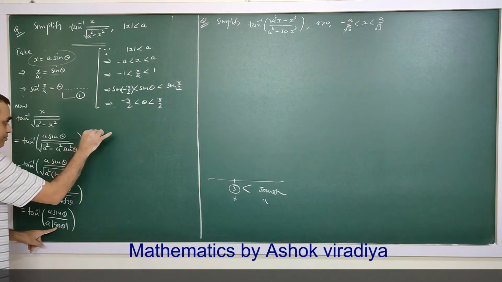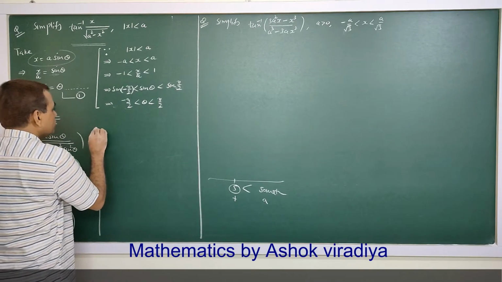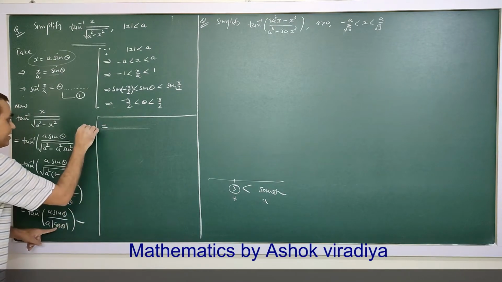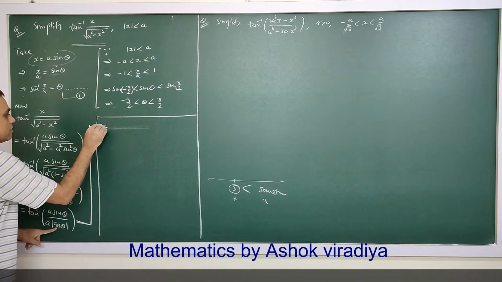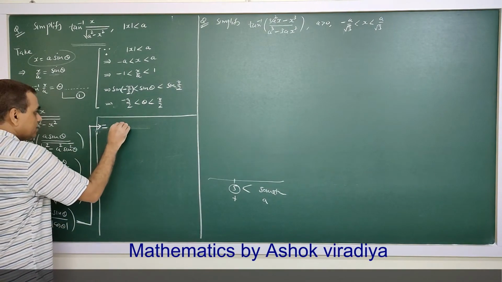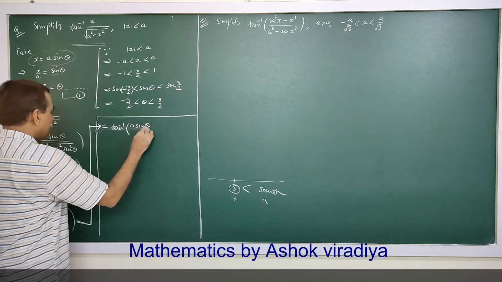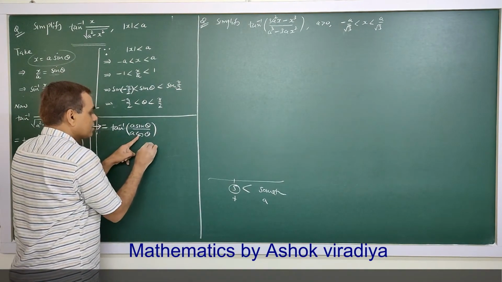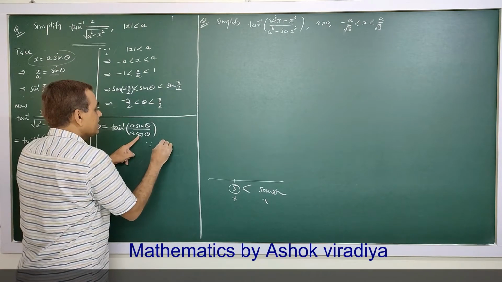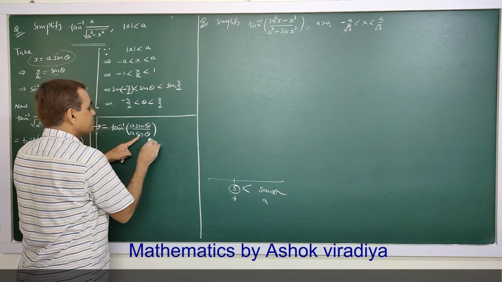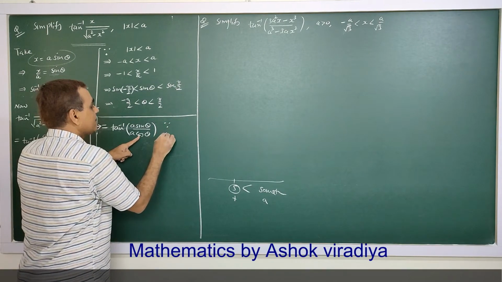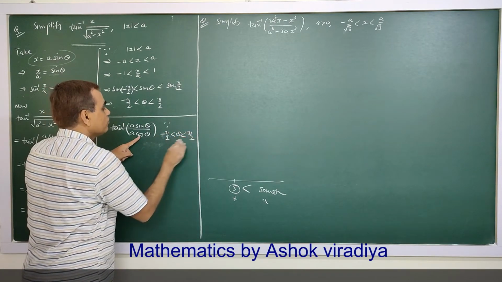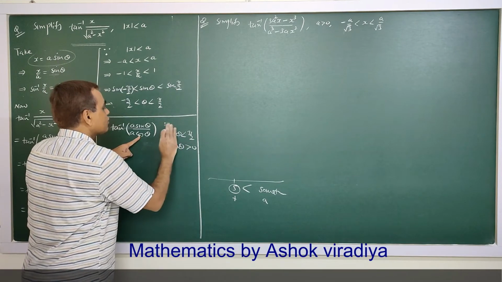So in the next step, it is equal to, after this step we are continuing here, tan inverse a sin theta upon a cos theta, because theta is in minus pi by 2 to pi by 2, so cos theta is positive.